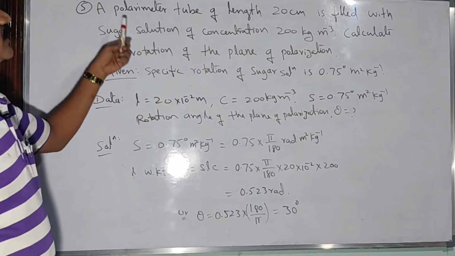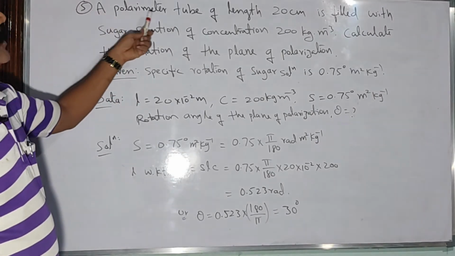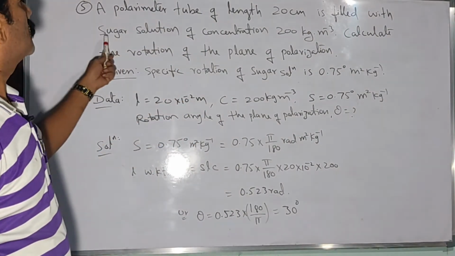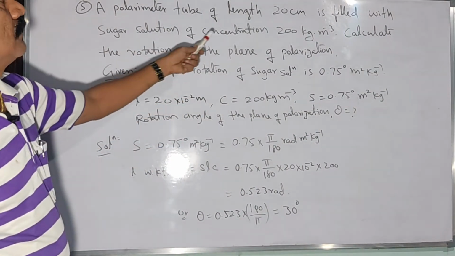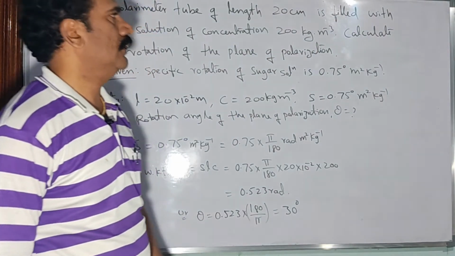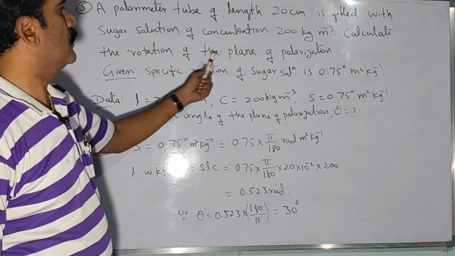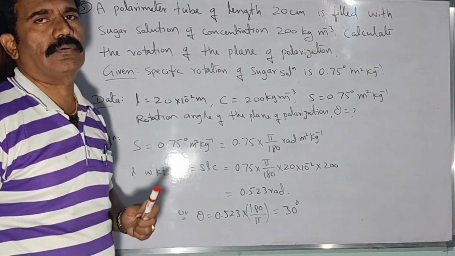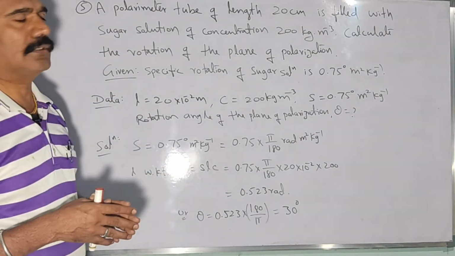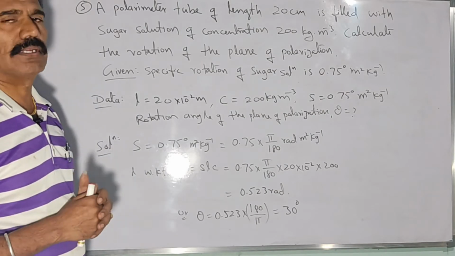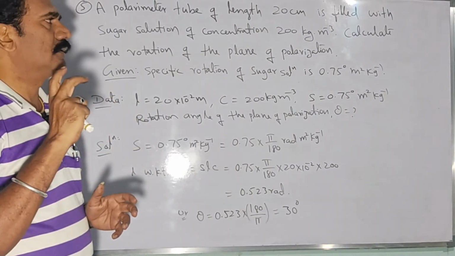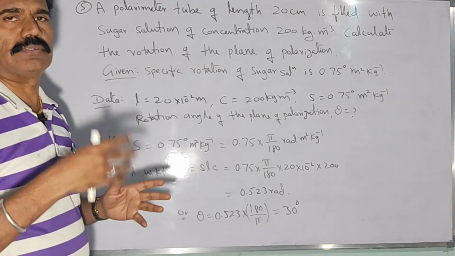Now take down this next problem. A polarimeter tube of length 20 centimeter is filled with sugar solution of concentration 200 kg per meter cube. Calculate the rotation of the plane of polarization. I think you have come across how to work with the polarimeter and how to get the plane of polarization when a polarimeter tube is filled with some sugar solution with different concentration.